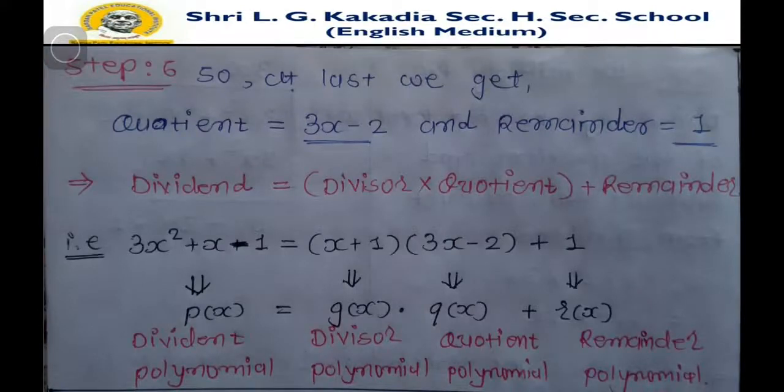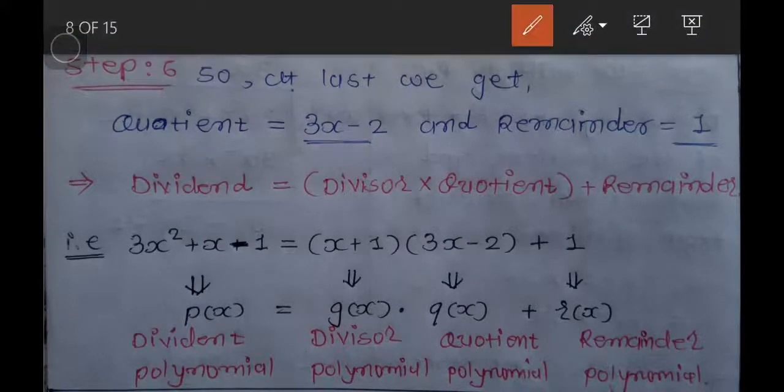Now in step number 6, we can see that our quotient is 3x minus 2 and our remainder is plus 1.